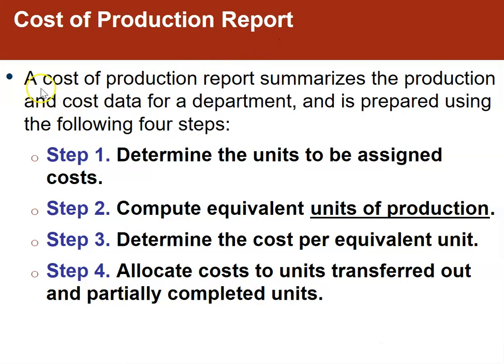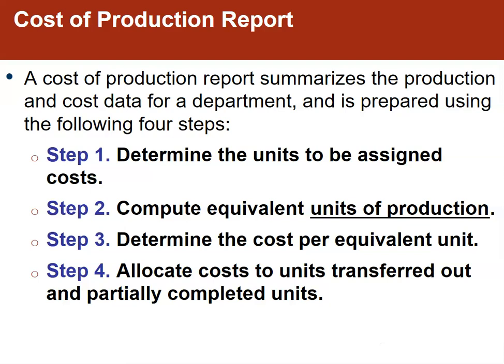It says a cost of production report summarizes the production and cost data for a department and is prepared using the following four steps. Step one, we're going to determine the units to be assigned costs. Now this is going to make a little more sense in a moment, because remember, when we are making anything, and this doesn't matter what type of cost system we're using, we don't say, well, this job has to be done all of it today, or all of it within this week, or all of it within this month.